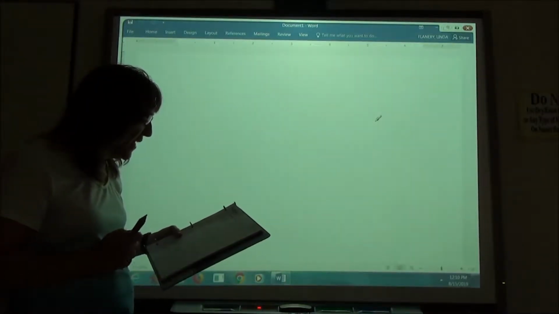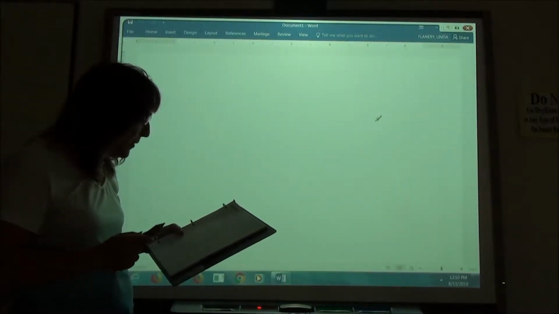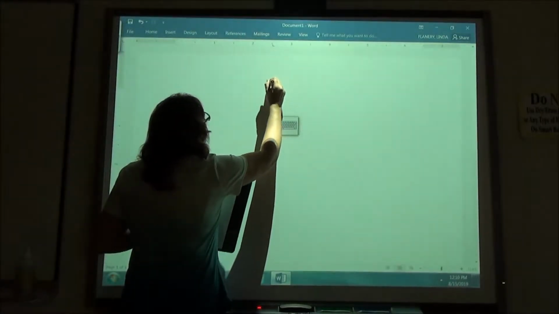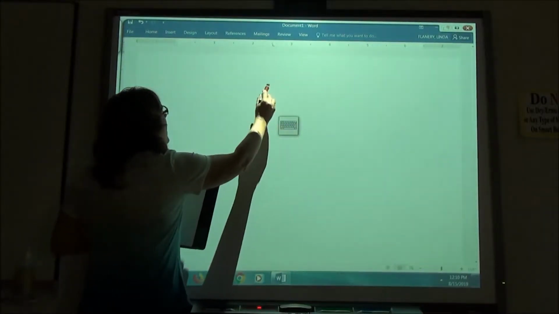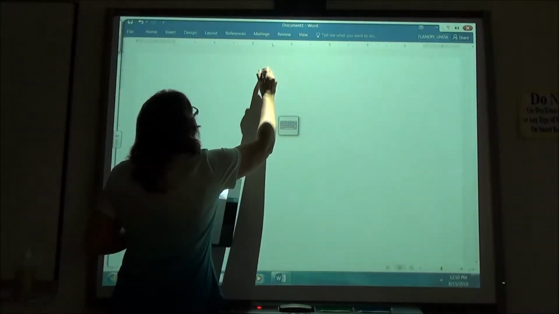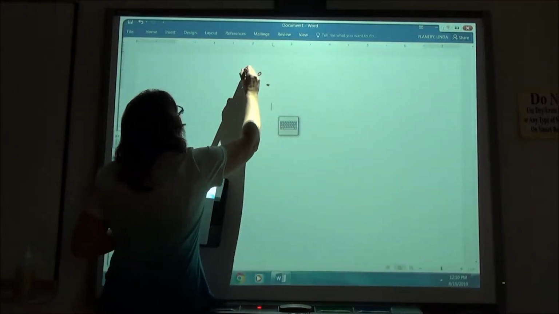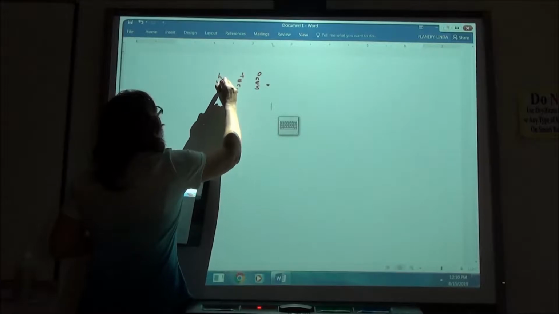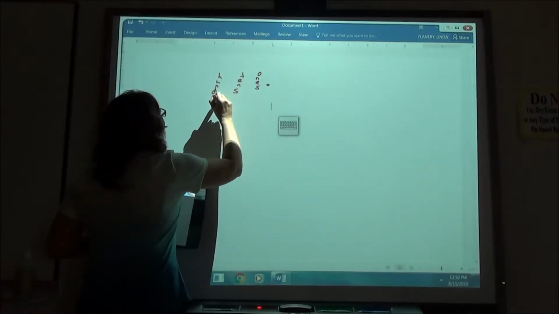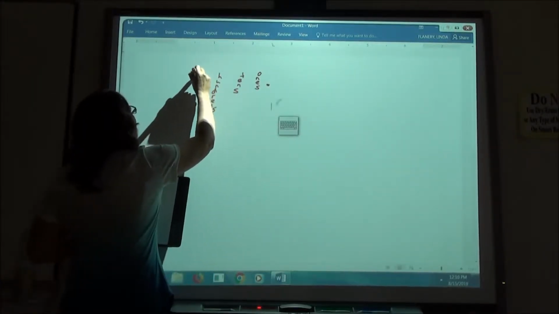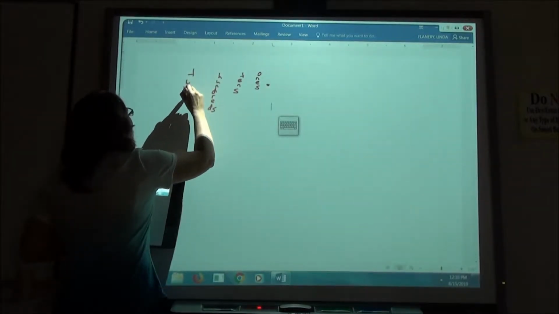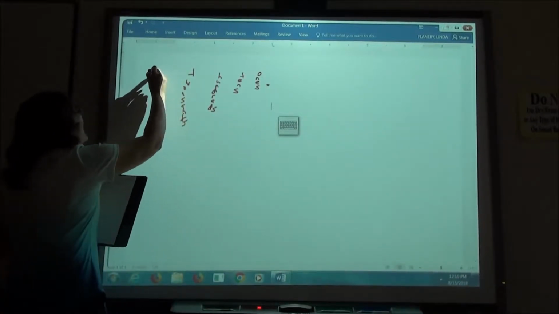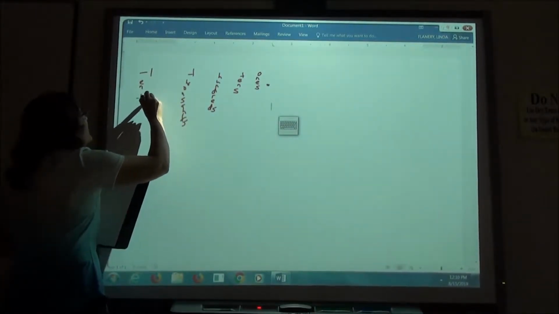It says give the digits in the thousands place and the ones place. So when I have my digits, when I have the decimal, we have the ones, the tens, the hundreds, the thousands, and the 10,000s.